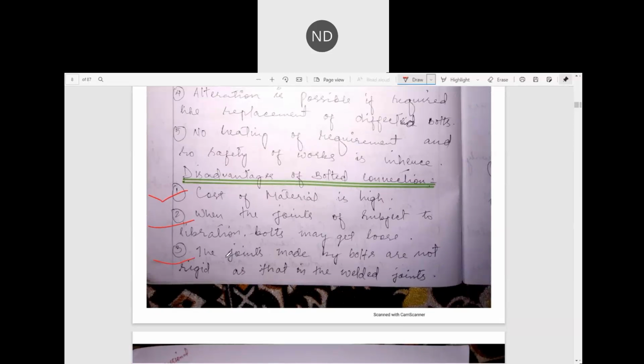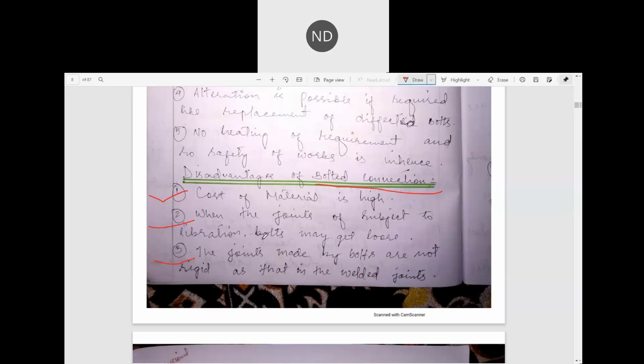Another disadvantage is that the joints made by bolts are not as rigid as those in welded joints. We were comparing the riveted joints with the bolted connections when talking about the advantages, right?